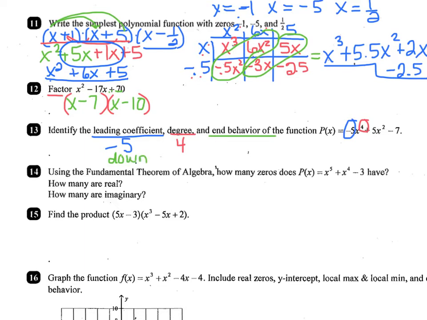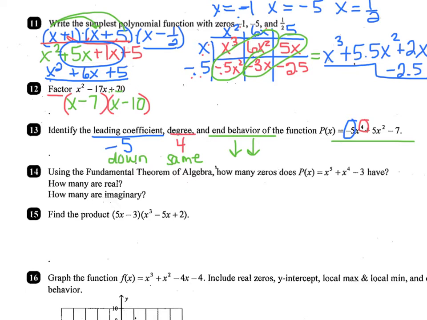Since the degree is even, 4 is an even number, they're both going to point the same direction. So, like that. Your other option would be to type that equation into y equals on the calculator and look at the graph, and you would be able to see which way the graph goes.